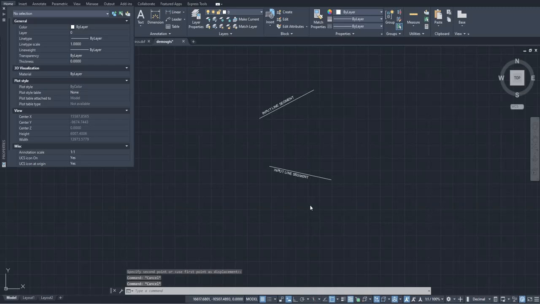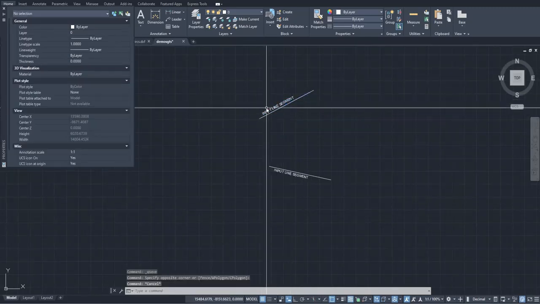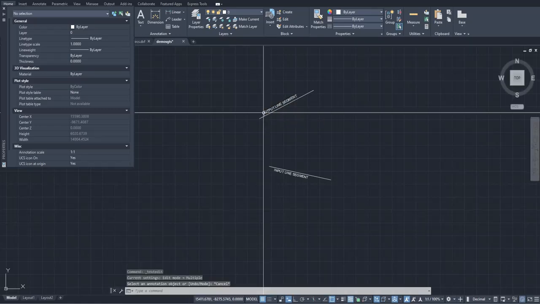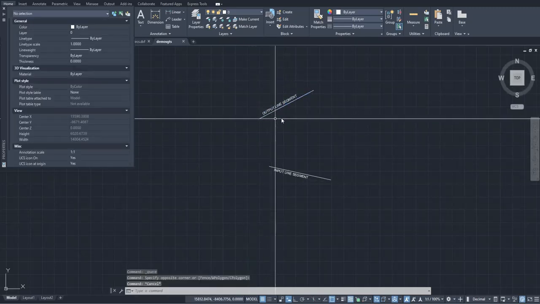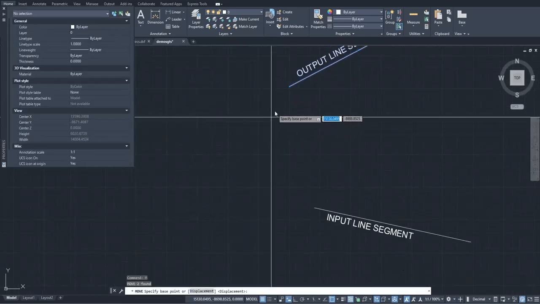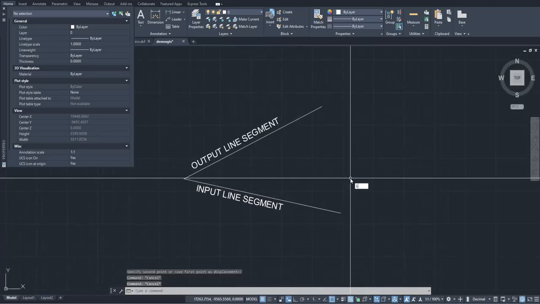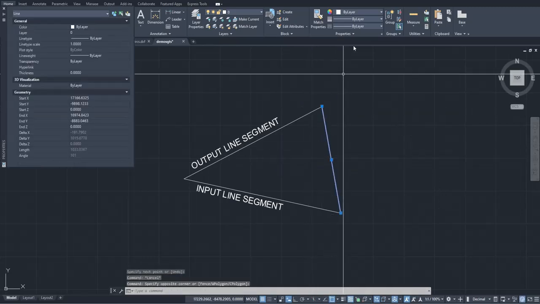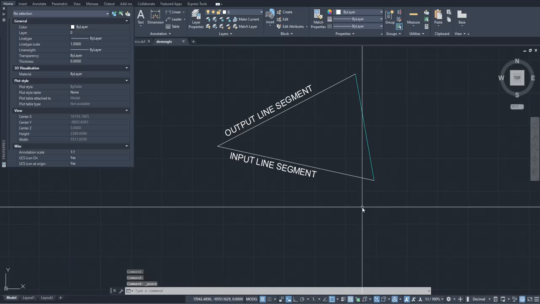Now, how can we align these things? Either, this one is the output line segment. So now we can bring this here, and we can join the third line segment like this, and we can complete the triangle.